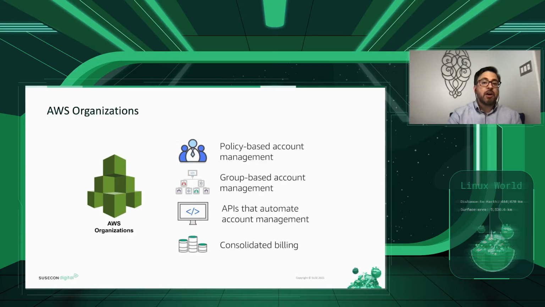AWS organizations also provide consolidated billing capabilities that enable you to better meet the budgetary, security, and compliance needs of your AWS environment. Now, before we discuss VPC sharing and how it enables you to connect your Linux landscape with SUSE Manager, let's take a look at what an organization looks like in the simplified version.